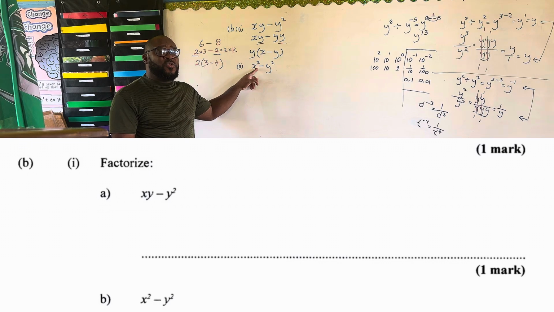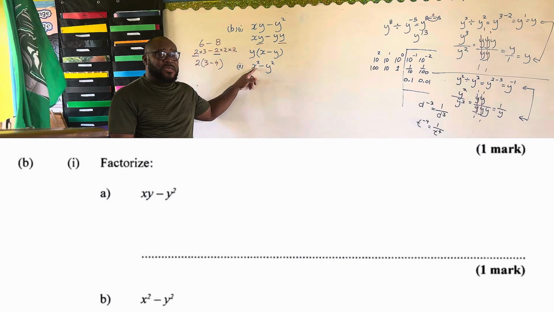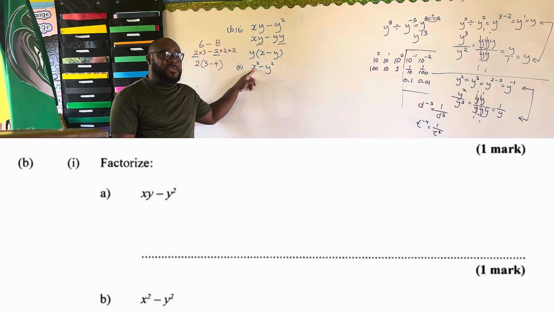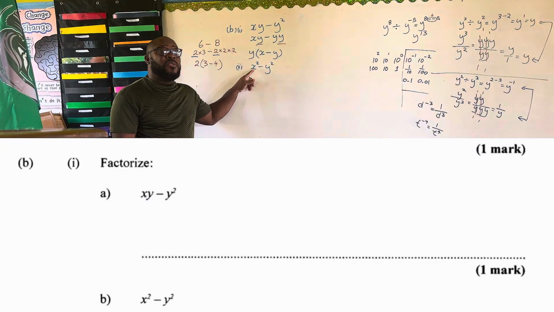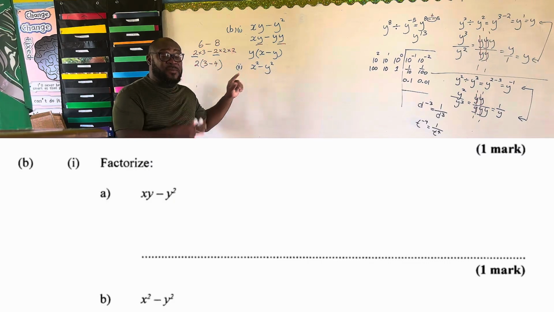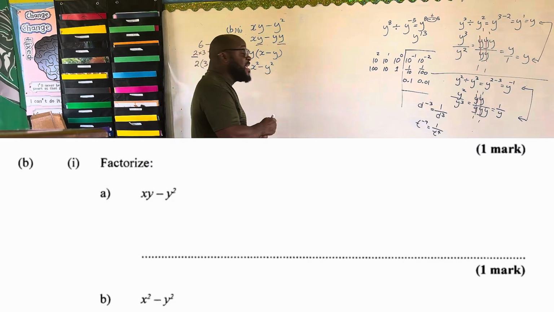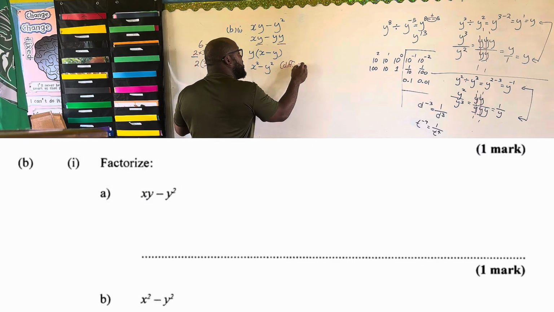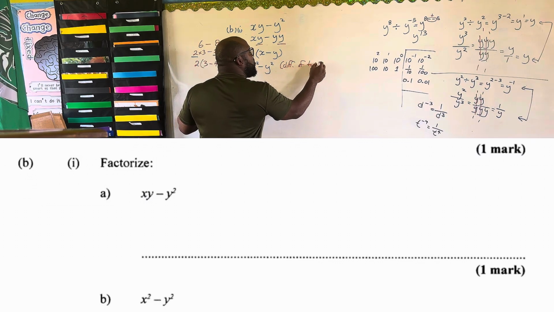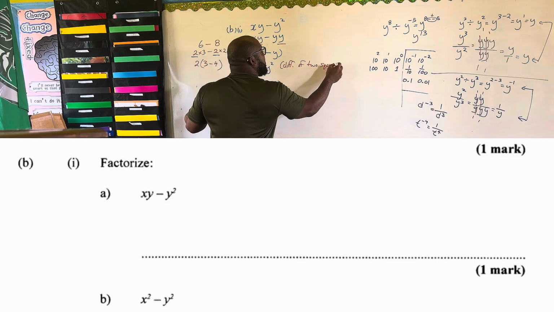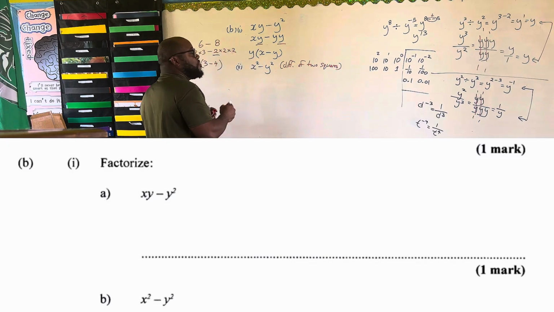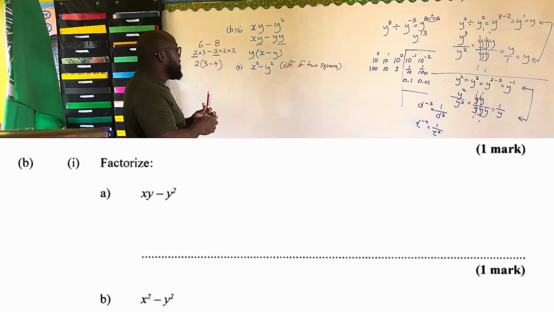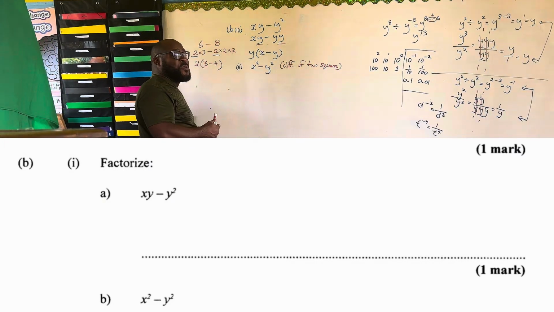Give me a word that you use to know you've got the minus. Difference. Difference of 2 squares. Very good. This is an example of difference of 2 squares. I want the full word, please. Alright, how do you factorise the difference of 2 squares?